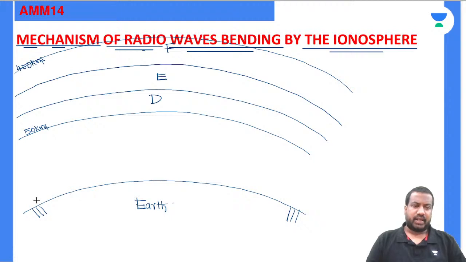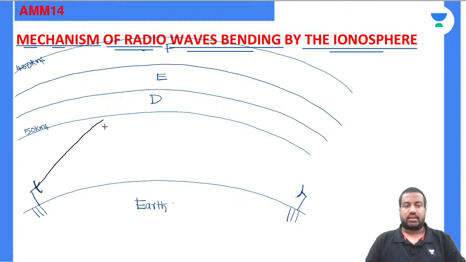Now, let me take a transmitting antenna and a receiving antenna. Now the wave is sent upwards like this. It will reach back like this.